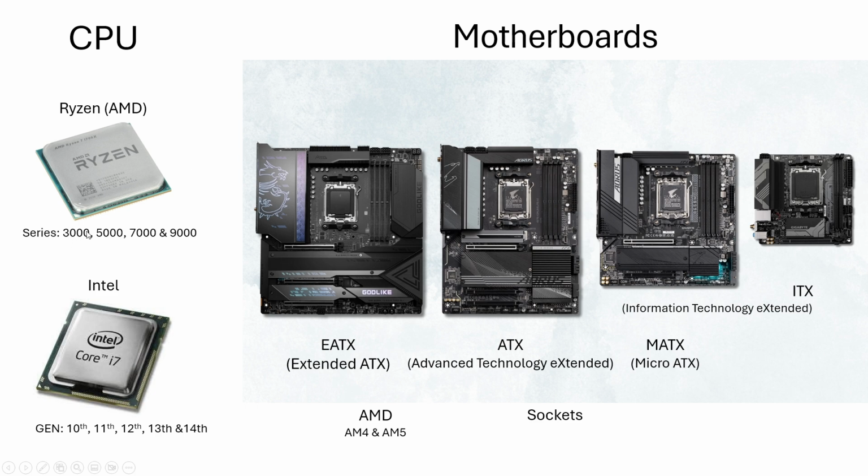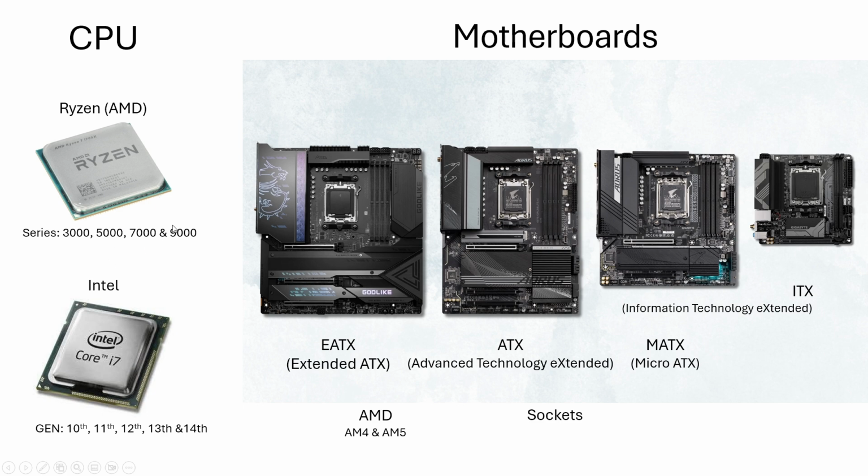When you read the description for the 3000 and the 5000 series, they use an AM4 socket. Meaning, if you get a 3 or 5000 series Ryzen processor and it has an AM4 socket, but you buy a motherboard that has an AM5 socket, your 3000 and 5000 series CPU won't fit into it.